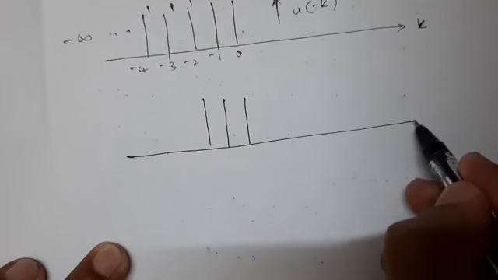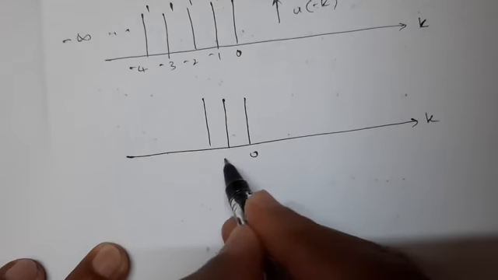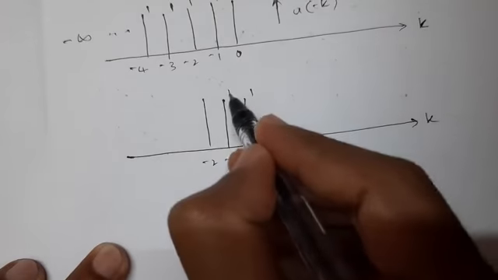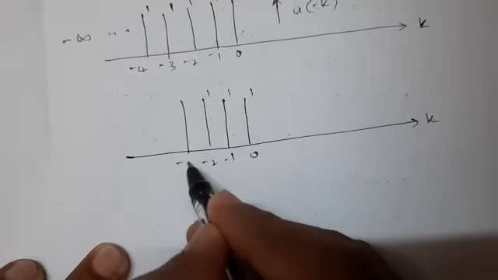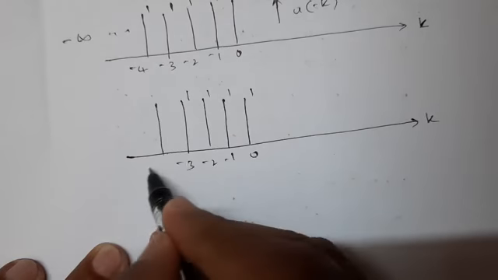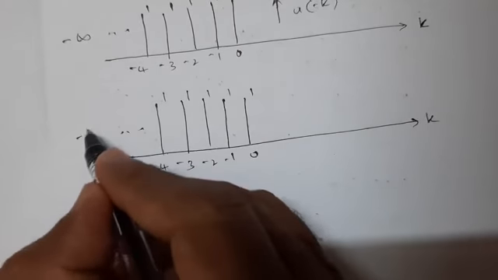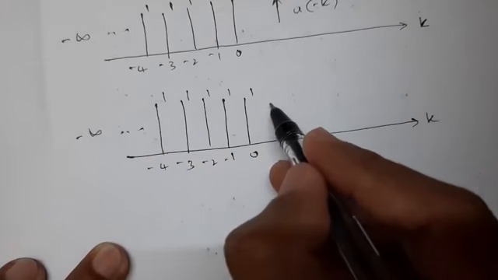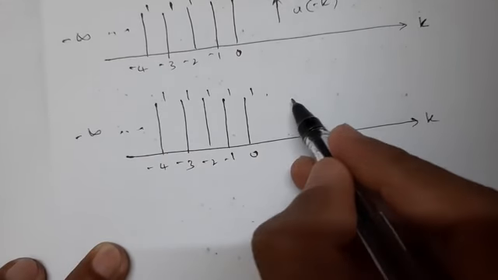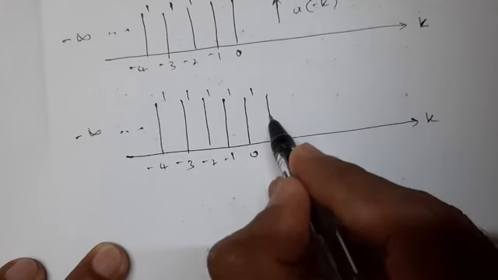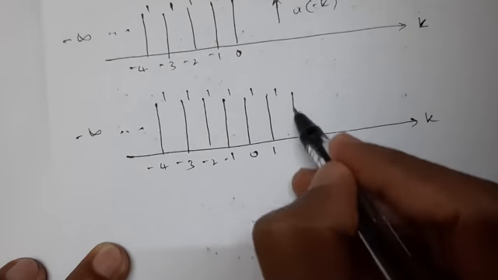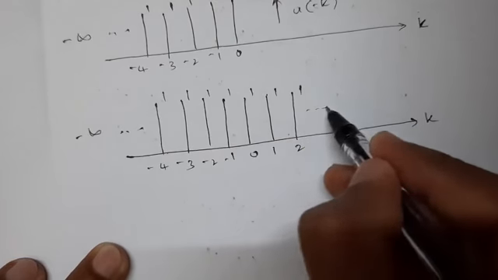So I have 0, minus 1, minus 2, minus 3, minus 4 and so on till minus infinity, and you have u of minus k shifted by n, that is at n equal to 1, n equal to 2, shifted by n.